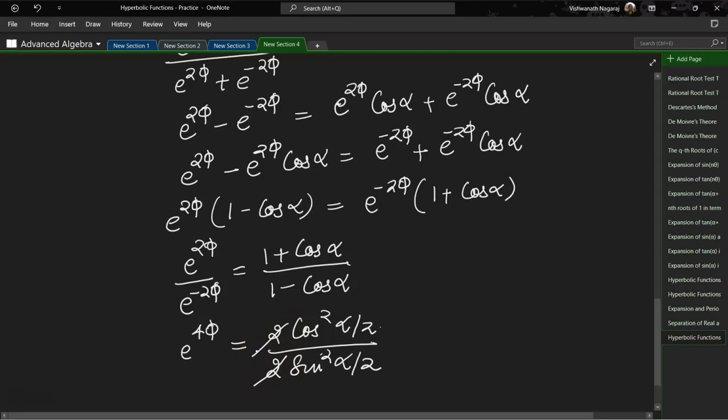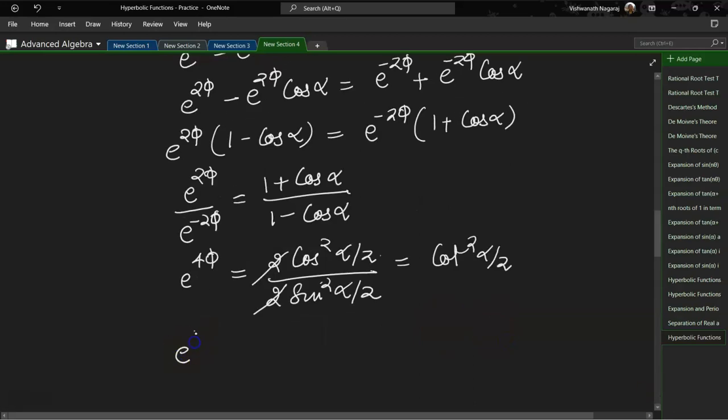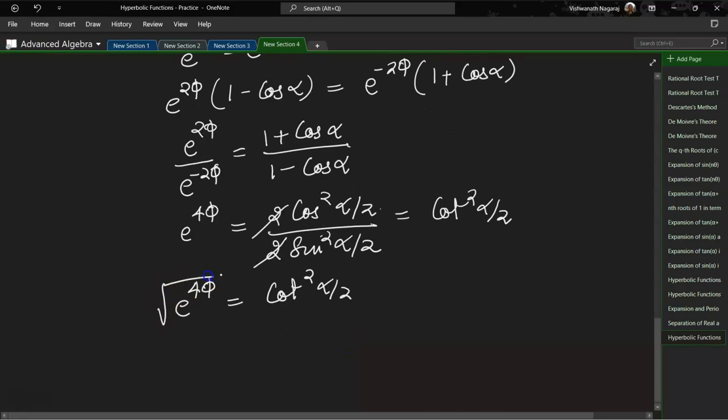So 2 cancels, and this is nothing but cot square alpha by 2. So we have e to the power of 4 phi is equal to cot square alpha by 2, and if I take the square root on both the sides, I will end up with e to the power of 2 phi is equal to plus or minus cot alpha by 2, which is what we had to prove.